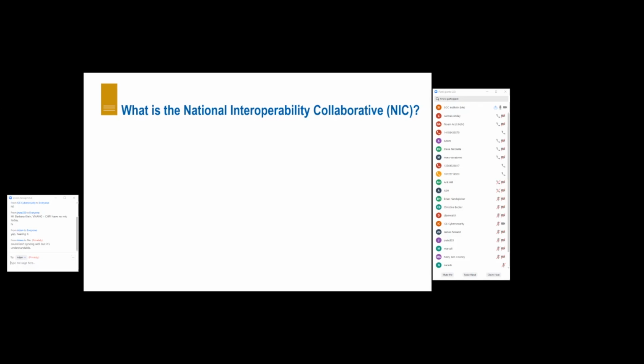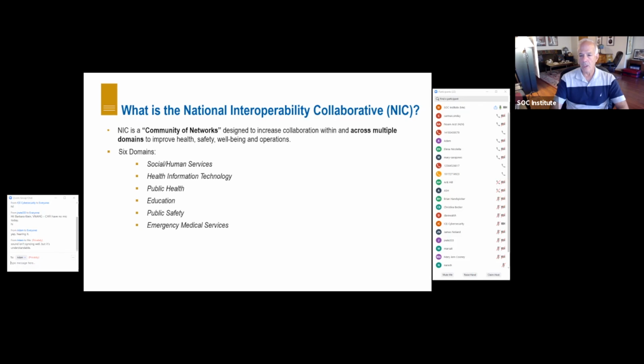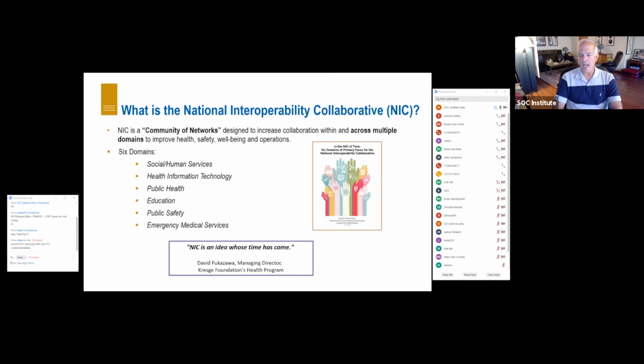So in terms of what we're trying to accomplish here through the murals is the idea that we've talked about in the past, which is how do we cross domains and how do we begin to share or continue to share and expand the sharing across the various domains.